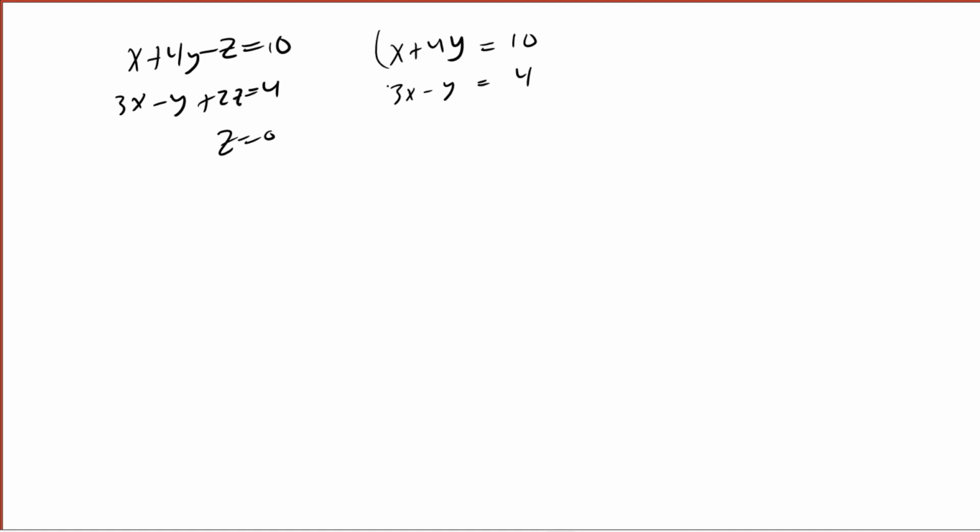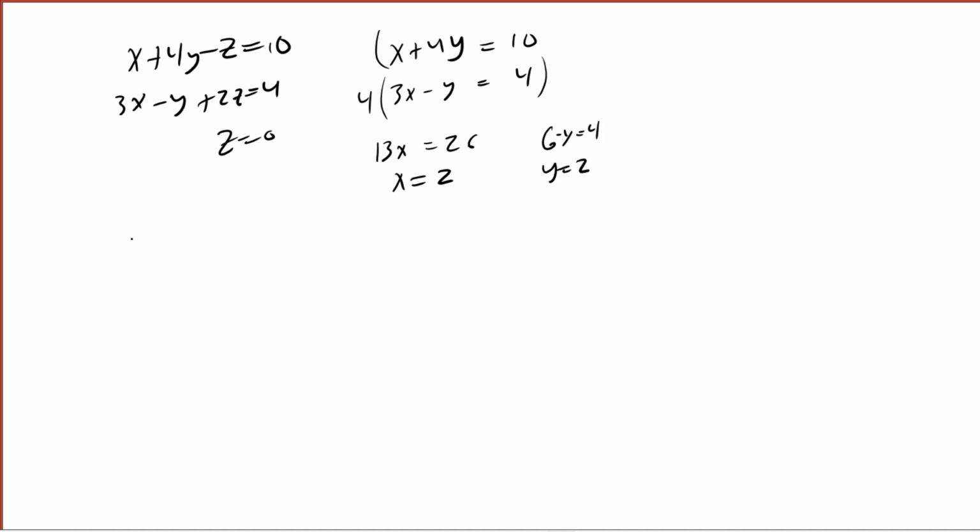I'll multiply this one by 4 and add. So I have 13x, that's 0, multiply by 4, I have 16 equals 26. x equals 2. Okay, plug that back in here. So I have 6 minus y equals 4, and we have y equals 2.